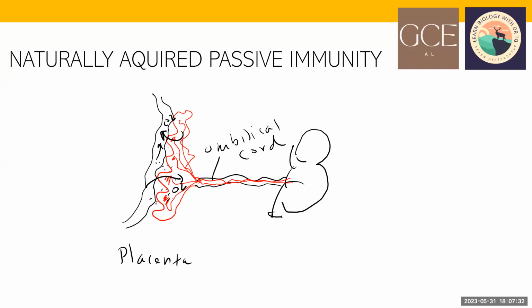So when all these molecules go here and there, there's another molecule which also has the privilege to move to this side. There's another important molecule coming from mother to baby. Can you guess what this molecule is? Do you have any idea about these molecules?